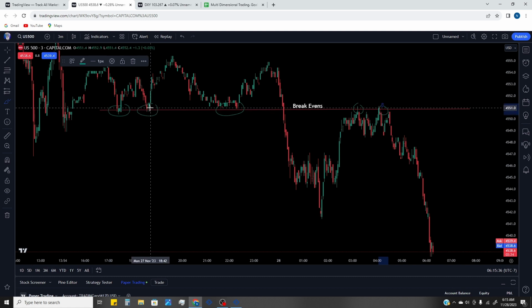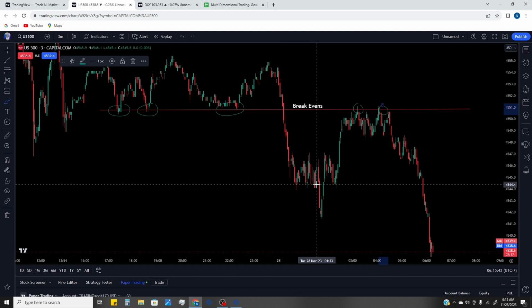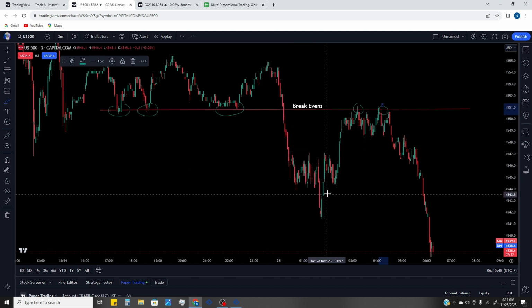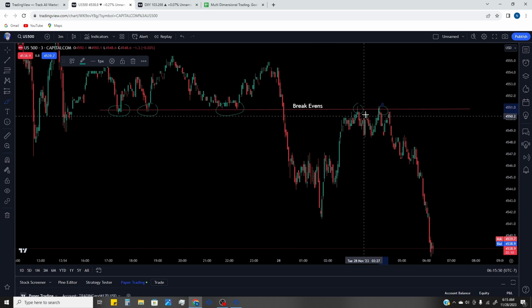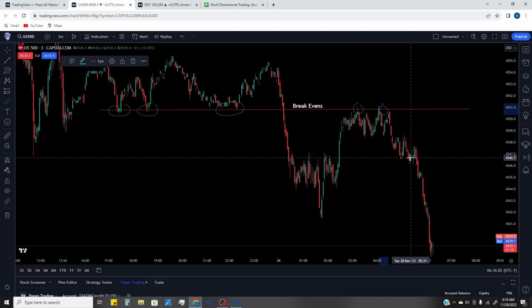If you bought here, and it flushed through and didn't come back for quite a while, then it finally made it back to you, you would want to get the hell out of that trade just in case it turns around and then you'll get a better position later. It's as simple as that.